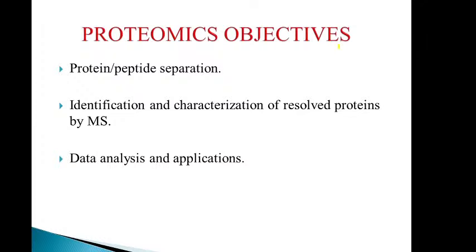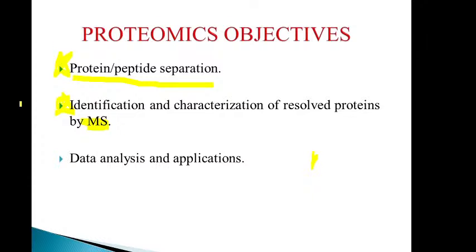When we are doing proteomics, first of all we have to do protein peptide separation. What do you mean by protein peptide separation? That means we have to separate the types of proteins which are present, by some techniques. Then after the separation we have to do identification and characterization of the proteins by MS. MS means mass spectrophotometry.